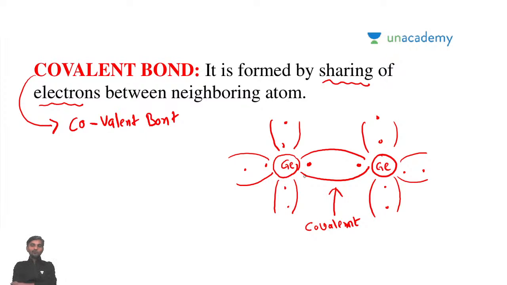Is that clear? Sharing of electrons happens here, and because of that it is called a covalent bond.